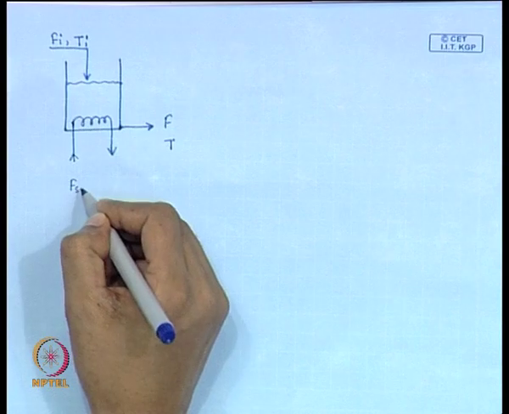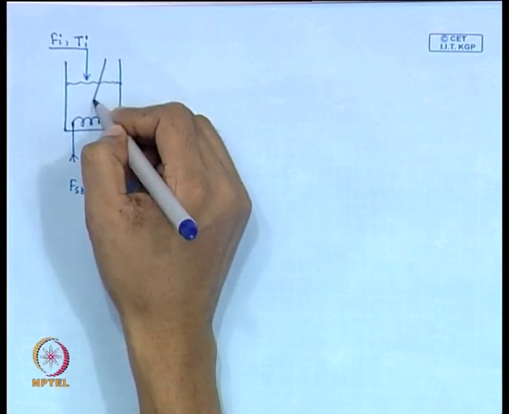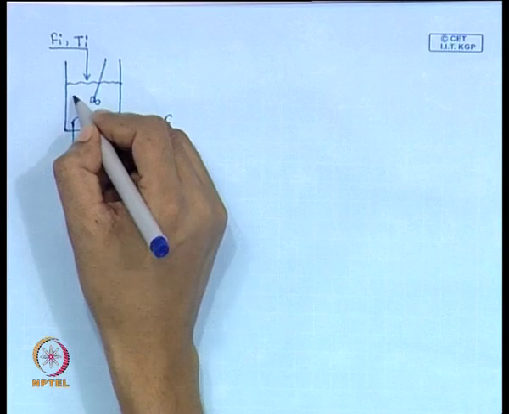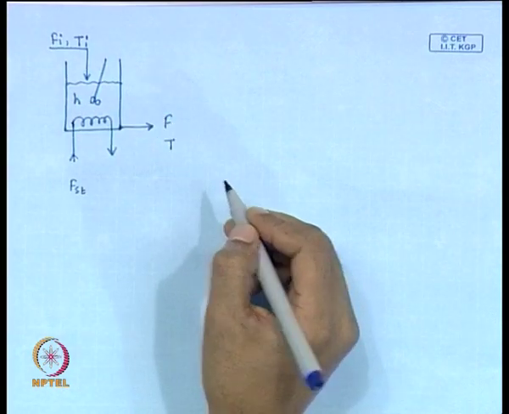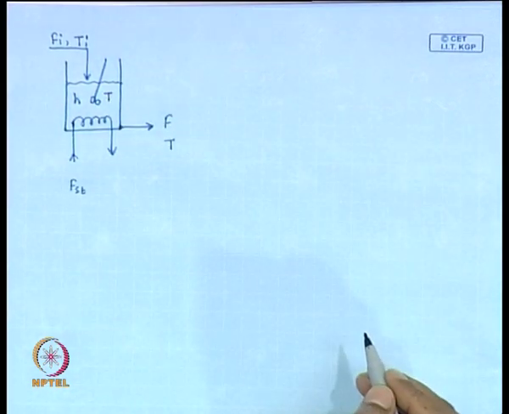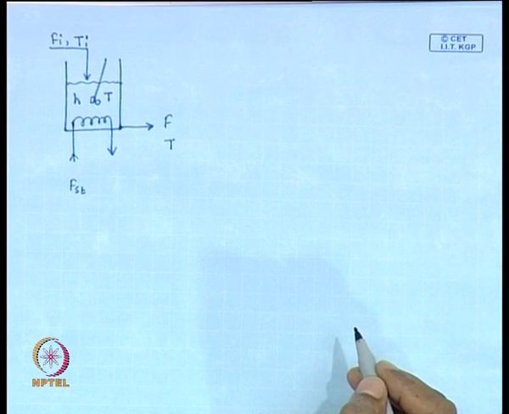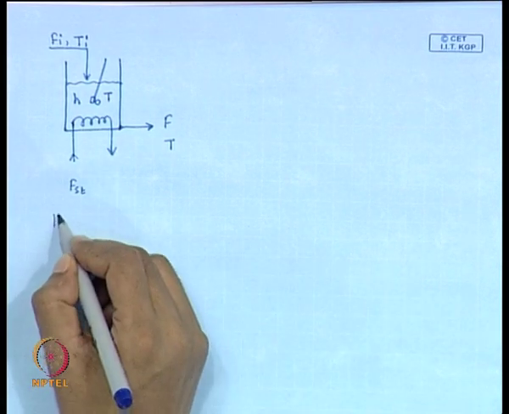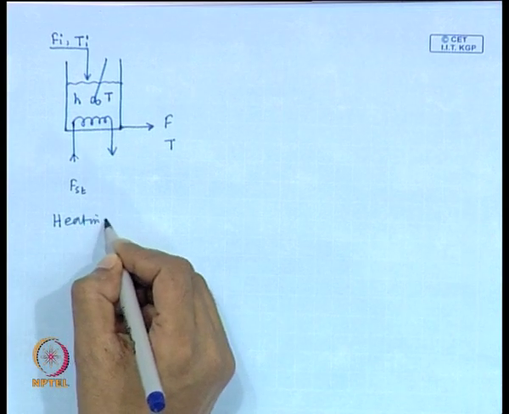It has the flow rate of Fst, and the liquid height is here H, temperature T. So, this is the heating tank system.